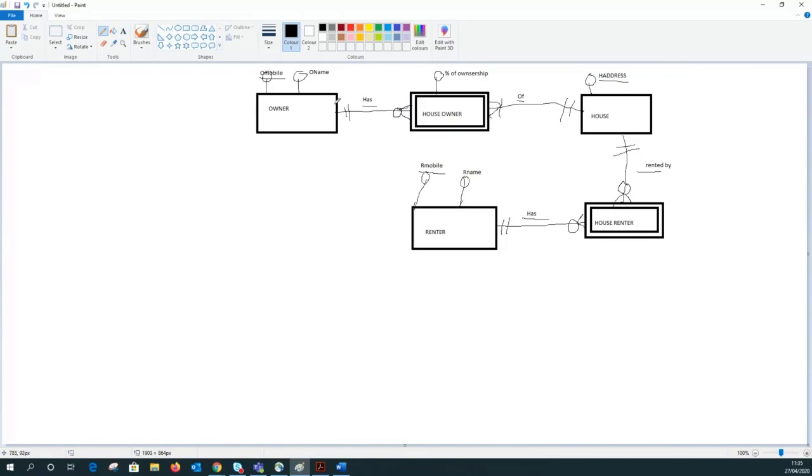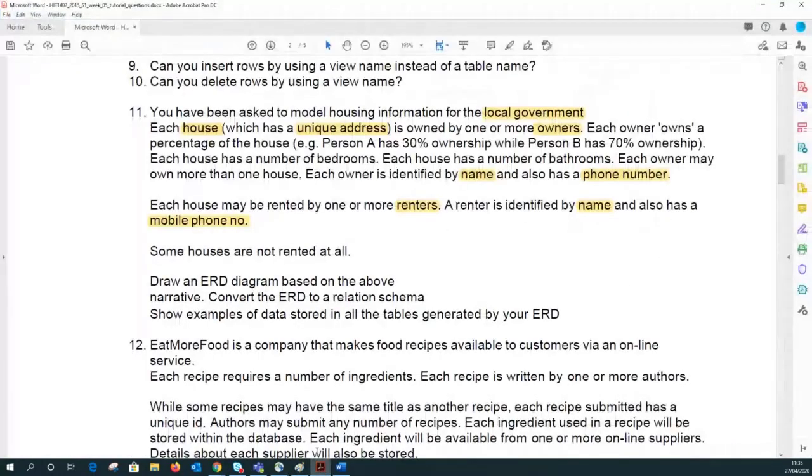So we identified now all the major entities. There are basically three strong entities and two weak entities. And we identified the attributes and all the primary keys. Do we have more information here? No, only these are the information.